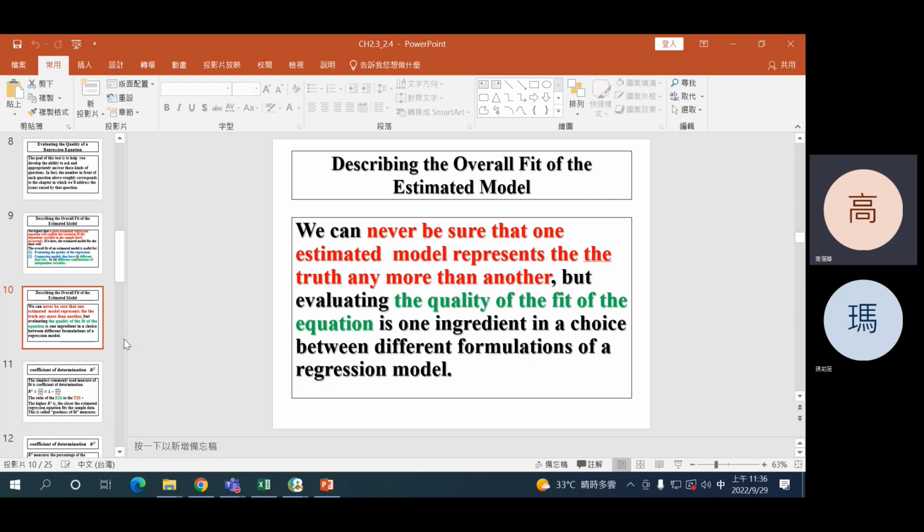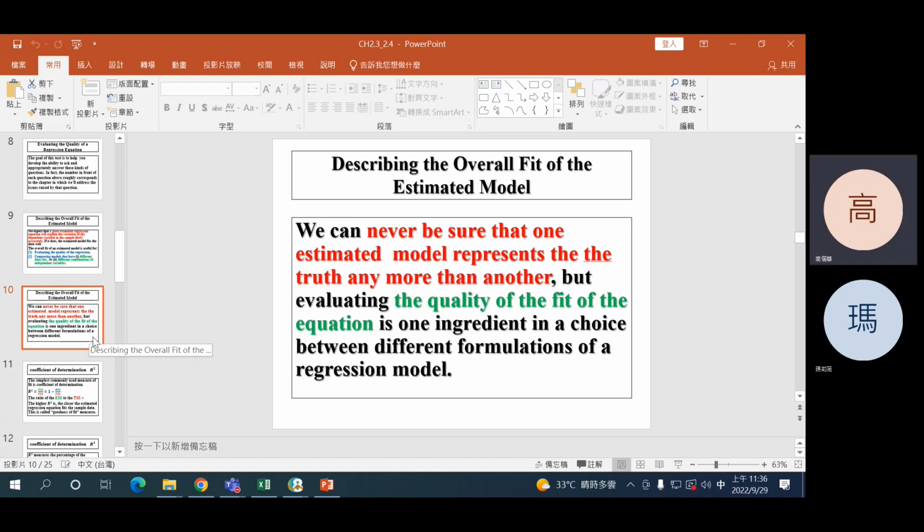But evaluating the quality of fit of the equation is one important ingredient in the choice between different formulations of the regression model. So if we evaluate the quality of the fit of the equation, we can decide which one we want to formulate as the regression model.